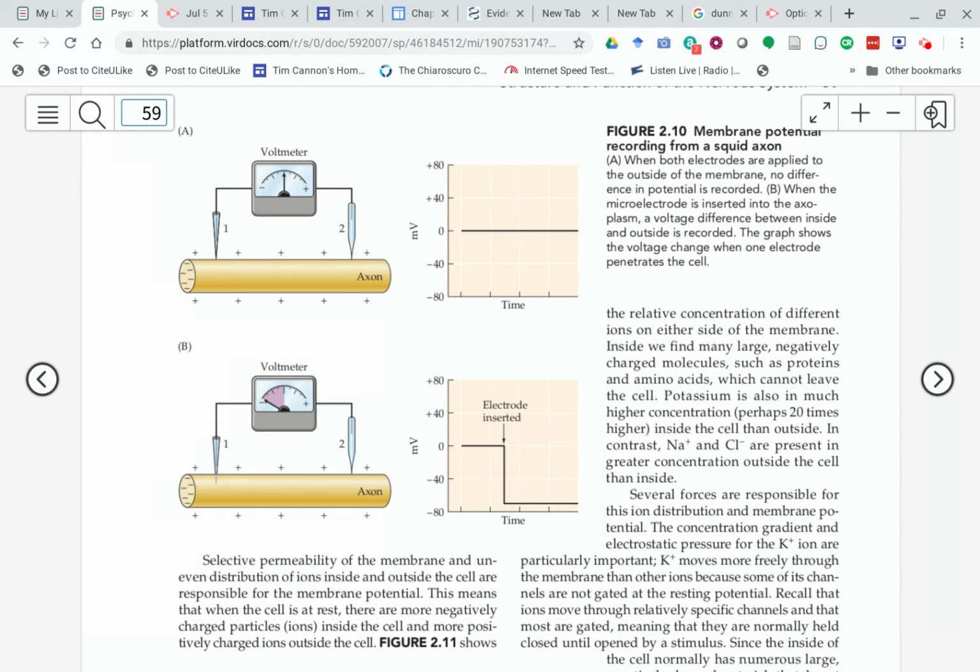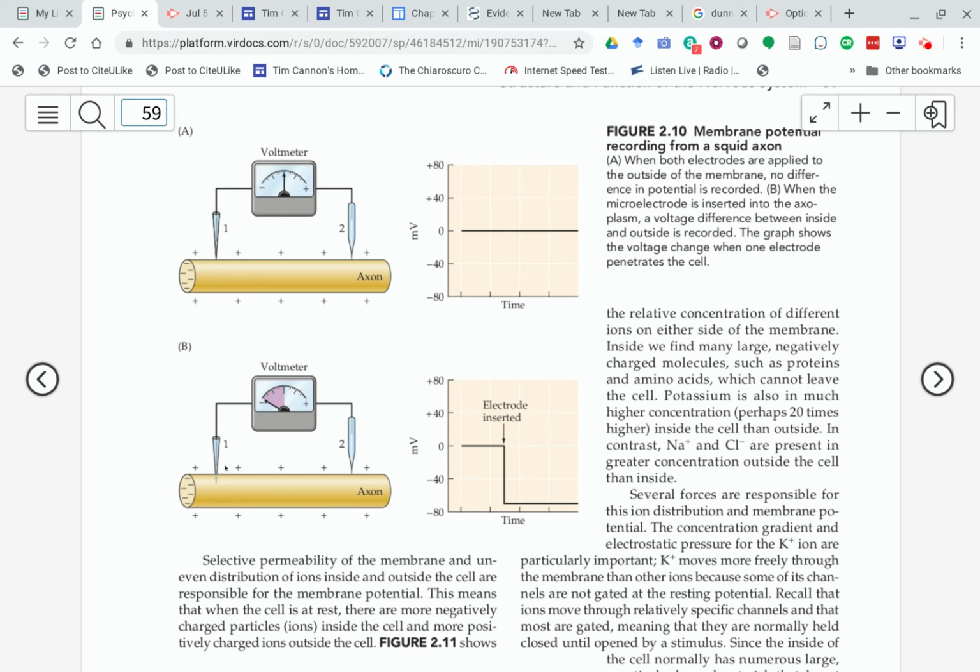And if they're in the same glass of salt water, there's not going to be an electrical potential between them. But the bilipid membrane of the cell, or the axon in this case, which is part of the cell, you drive this puppy into the axon, which, by the way, is quite a trick. Welcome to the Nobel Prize.